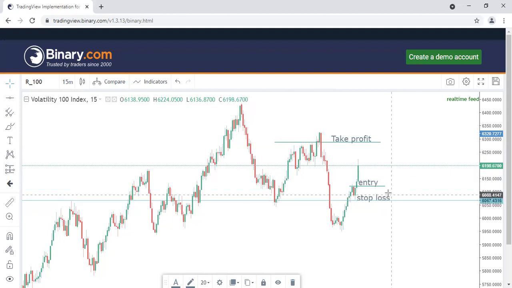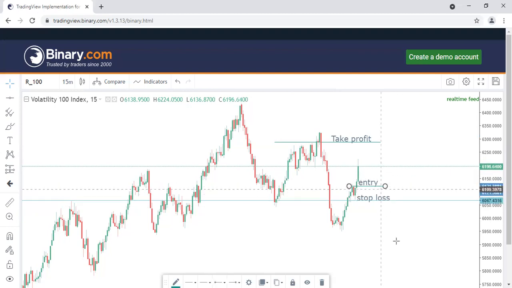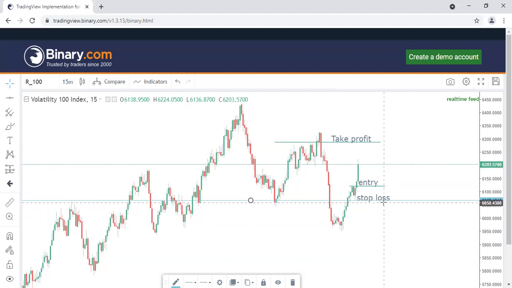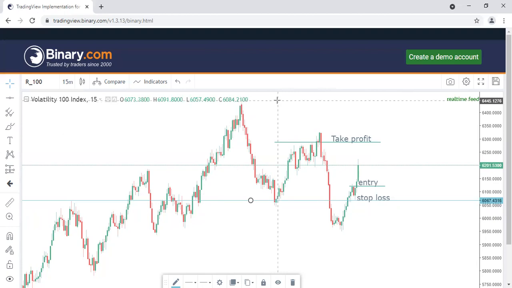Now look, our entry was at 6121.3881, and our stop loss is at 6067.4316. To get the calculation of our stop loss pips or points, we'll be subtracting the stop loss from the entry. The reason why our entry is bigger than the stop loss is because it's a buy signal. If it was a sell, our stop loss would be above our entry.